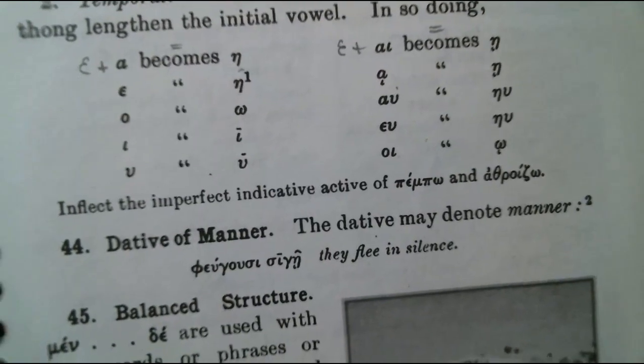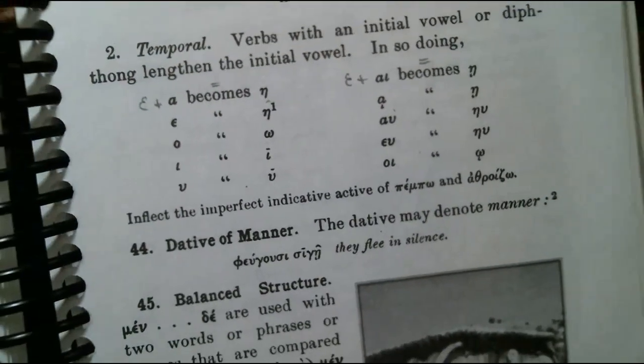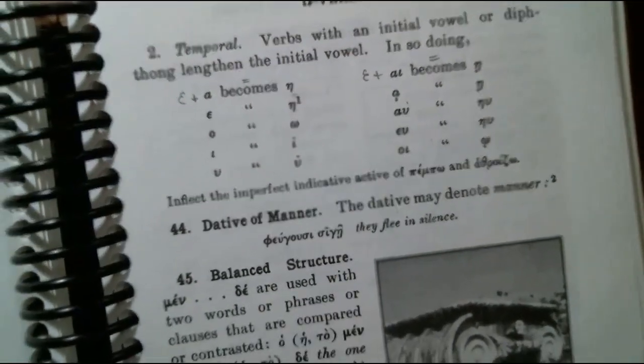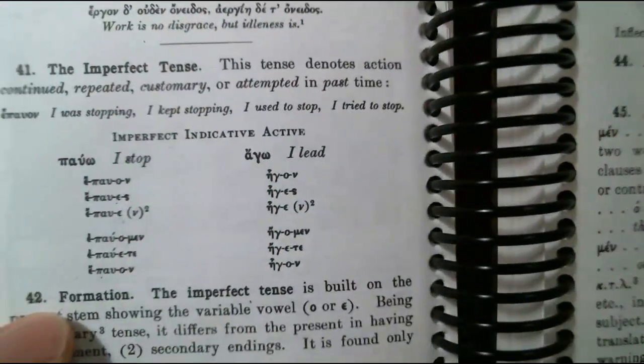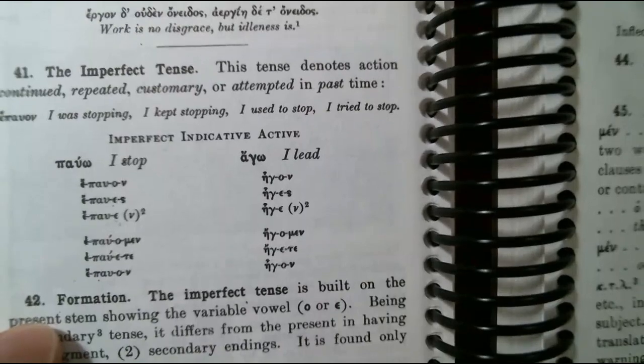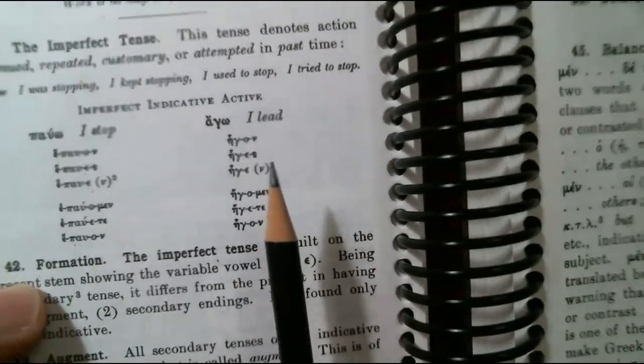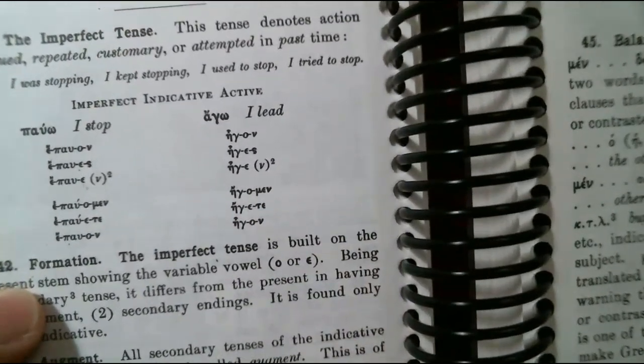Okay? So verbs that start with vowels, not very difficult, but not as easy as verbs that start with consonants, if that makes sense. Okay? So just to drive that home, let's look at ago.